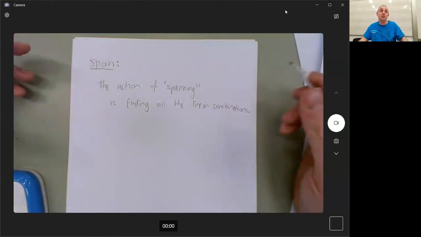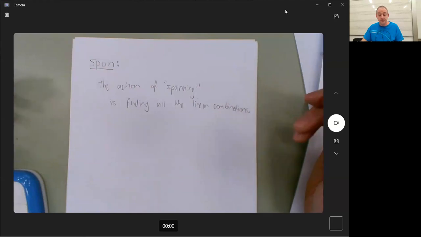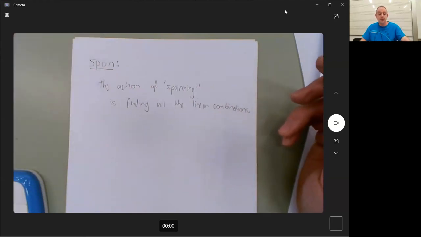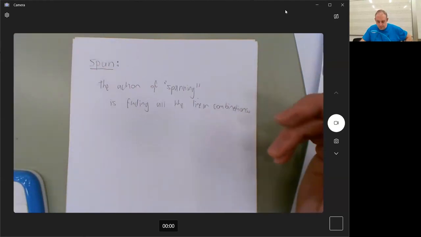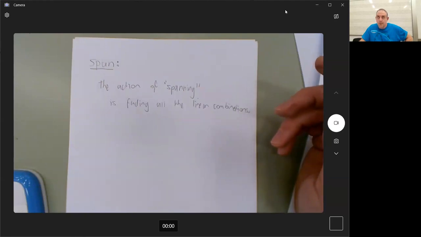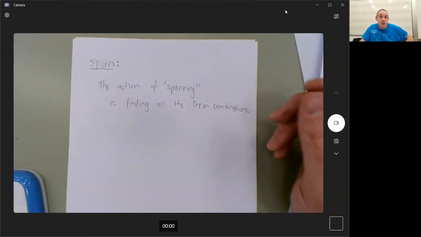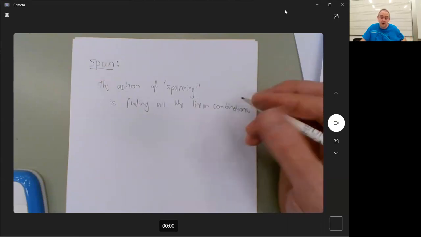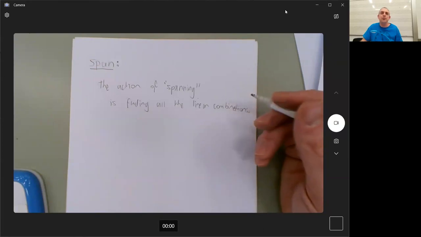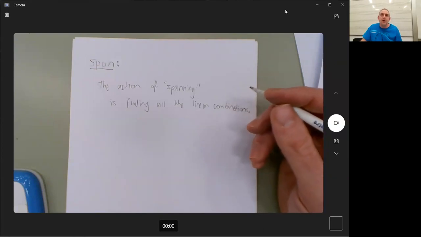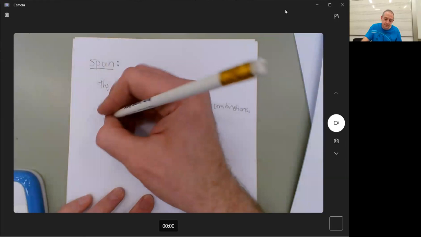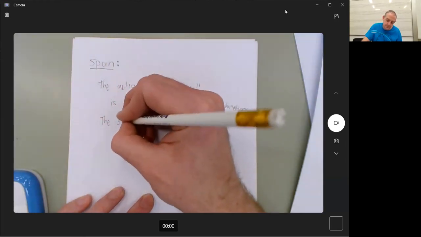That is the action of spanning. So if you have any number of vectors and you find all the linear combinations of those, that act is called spanning. And then the thing that you produce is called the span.